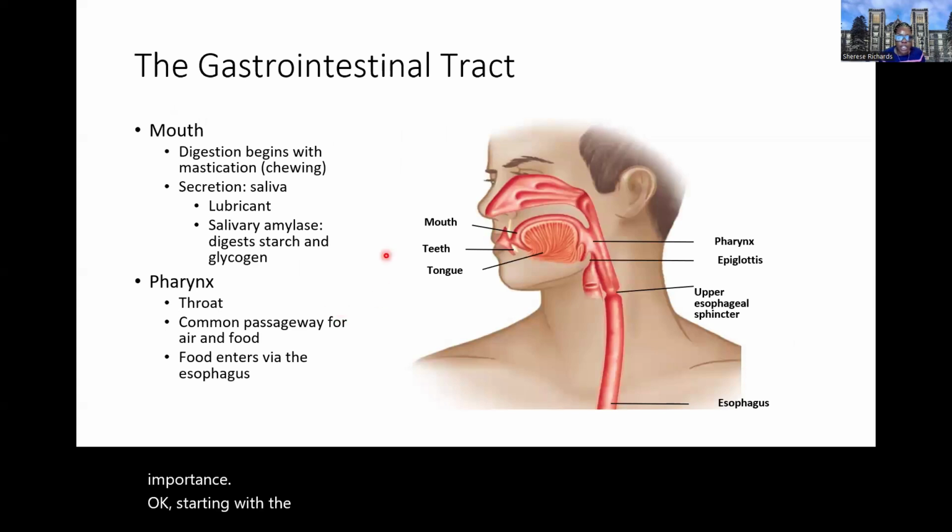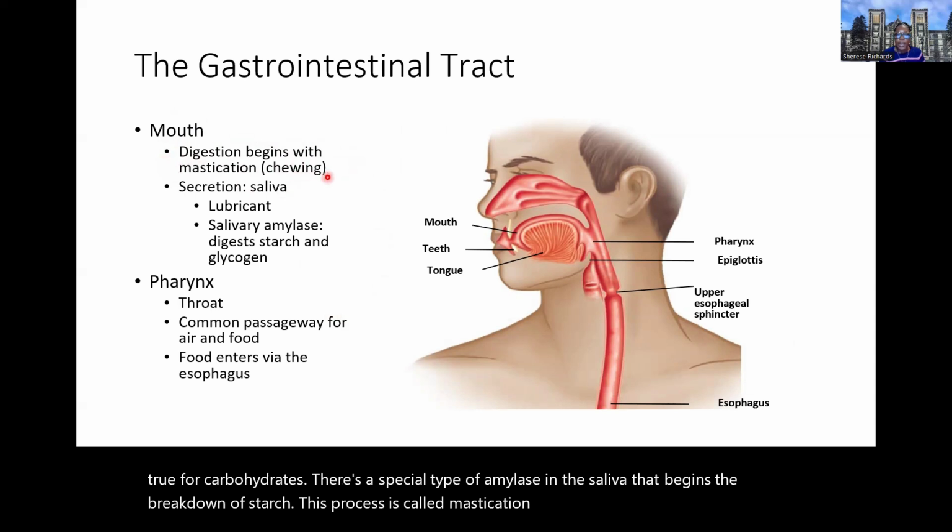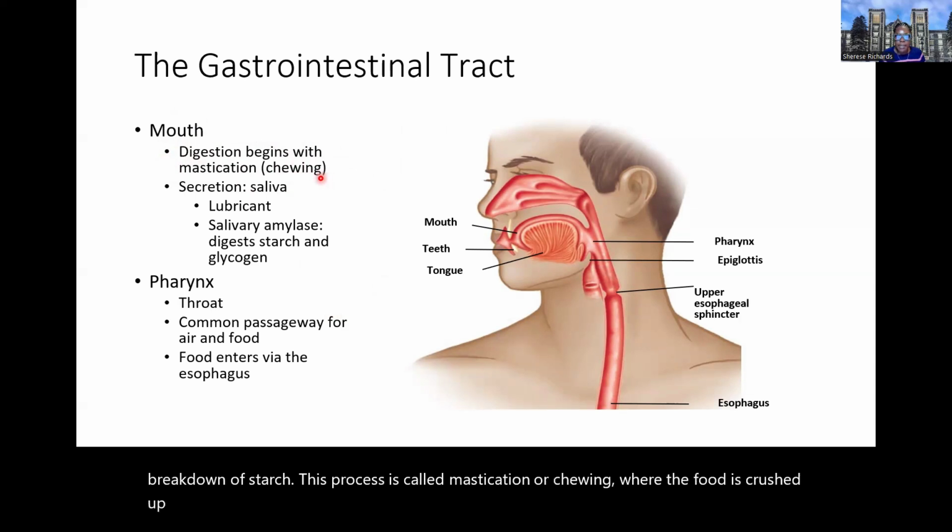So the mouth is where digestion begins, and this is especially true for carbohydrates. There's a special type of amylase in the saliva that begins the breakdown of starch. This process is called mastication or chewing, where the food is crushed up, ground up, and mixed with saliva. Saliva helps to increase the lubrication.